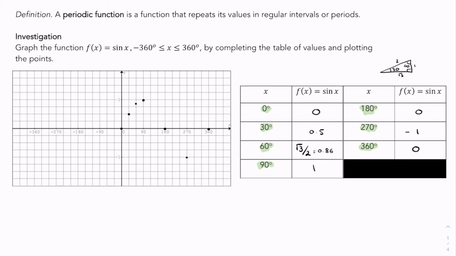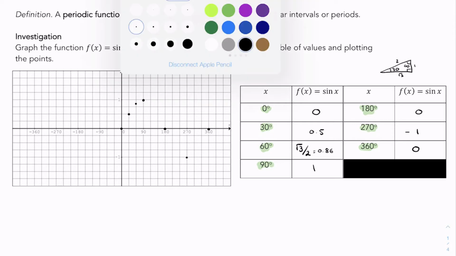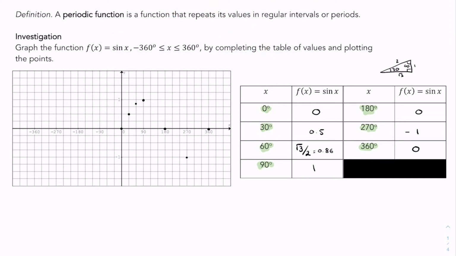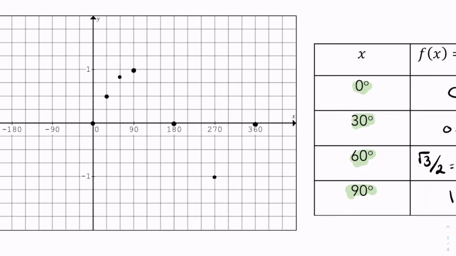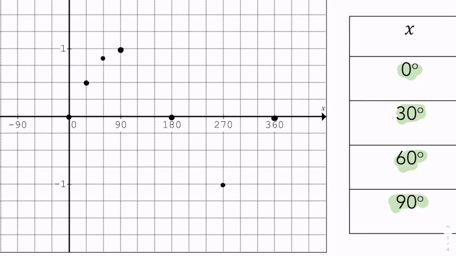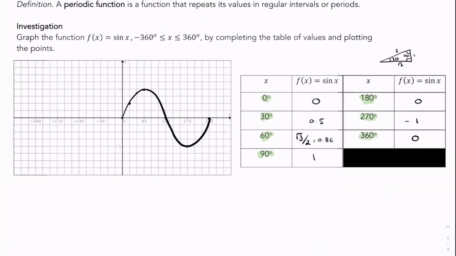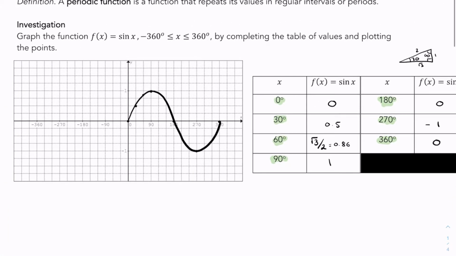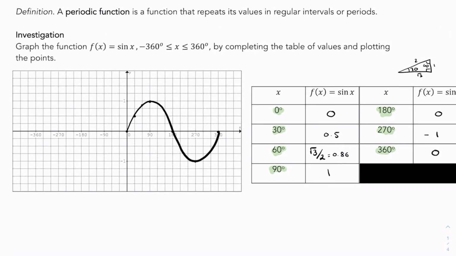Anyway, you can keep on going, but I'm going to just save you the time and graph this out, because what you end up getting, let me zoom in over here, is a nice smooth curve that goes up to the top, then starts coming down, goes down to the bottom at negative 1, and then comes right back up. And let me zoom out here once again. And that's your sine curve.